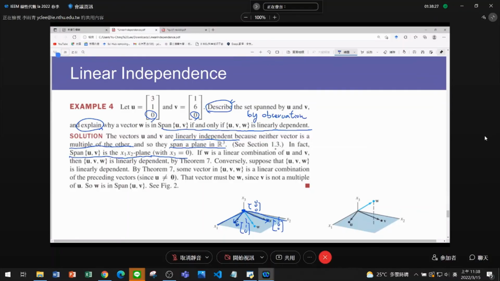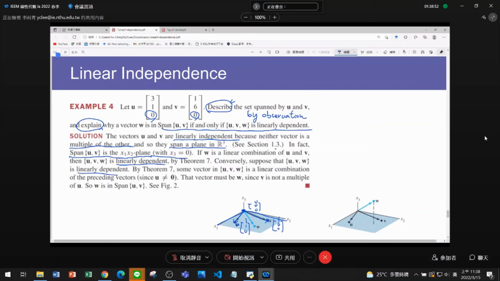If W is a linear combination of U and V, then U, V, W is linearly dependent, since one of the vectors can be expressed as a linear combination of the other vectors. Conversely, suppose that U, V, W is linearly dependent.